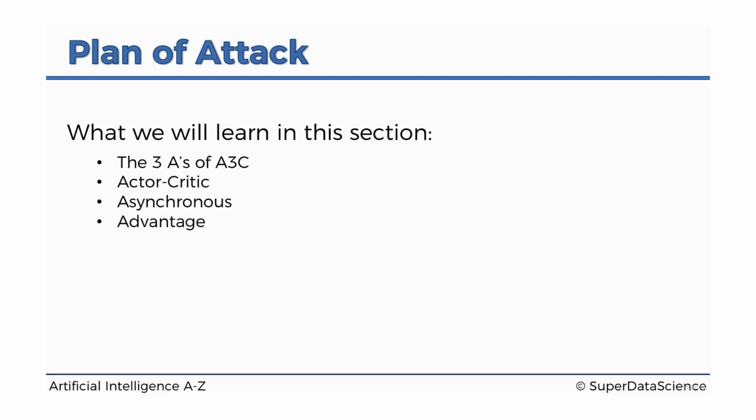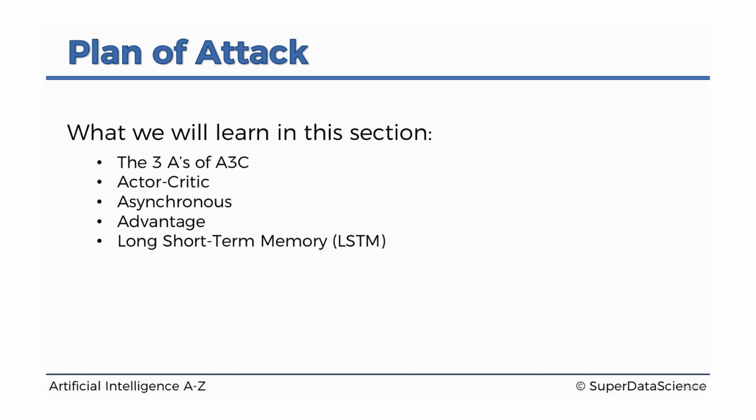And if at that point you still don't quite understand something, then you can just revise that specific tutorial, whether it's Actor-Critic or asynchronous or the advantage tutorial. Just don't get thrown off if after one of those tutorials you still feel that you need some more information. That's because they all work together to come to one functioning A3C algorithm. It's in the advantage tutorial that it all ties in together very nicely.